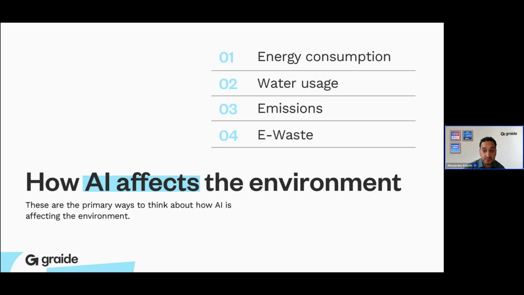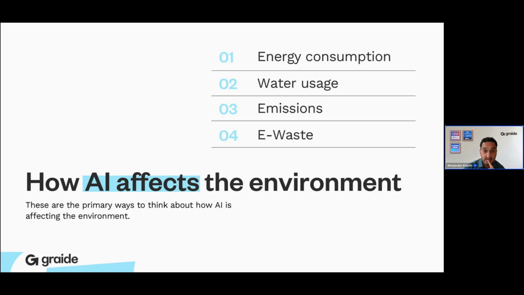And then lastly, we have e-waste. This one's quite interesting. It's not really talked about that much, but a large amount of the technology that we use today for these systems quickly goes out of date, and new chips and systems have to be created to use for those particular artificial intelligence systems.